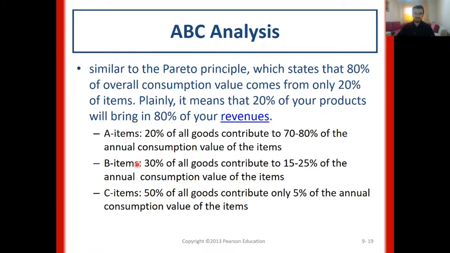B items take 30% of the portion and generate 15 to 20% of your value, and C items are the least income generator or least cost generator items. However, they take the highest portion of the SKUs we have. So in this example, C items take 50% of all the goods and contribute only 5% of our annual income.